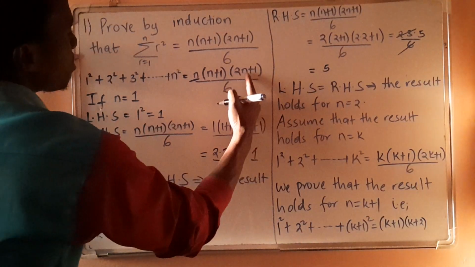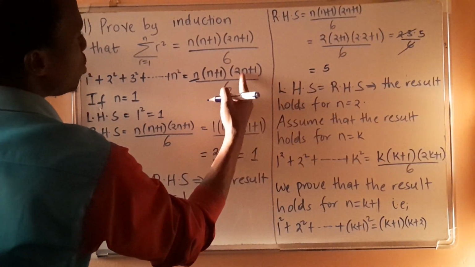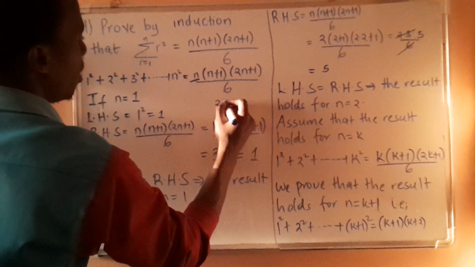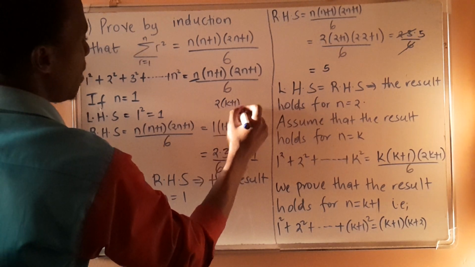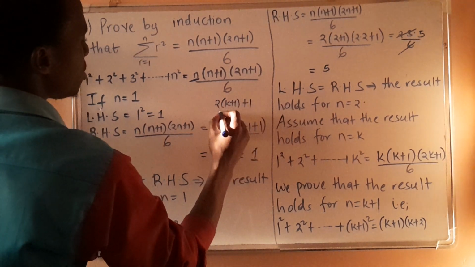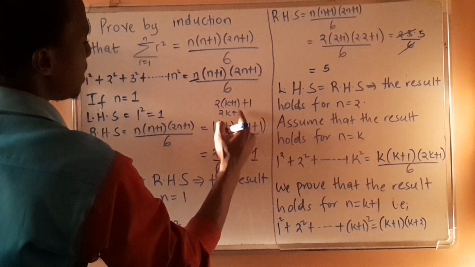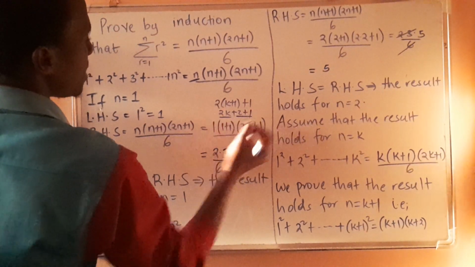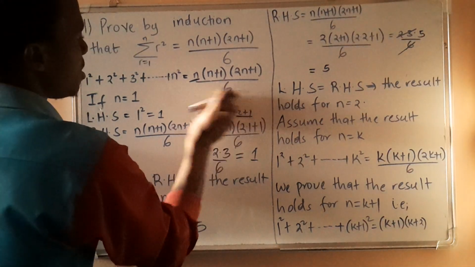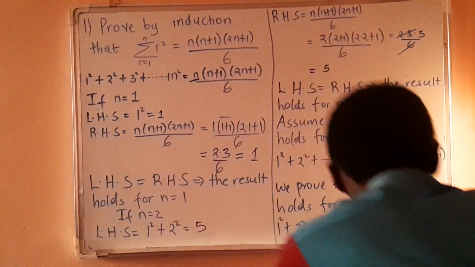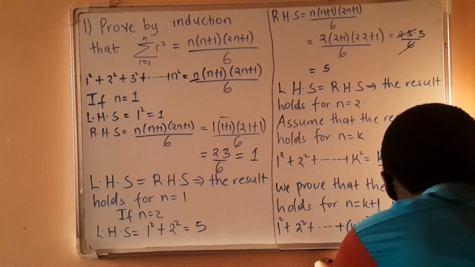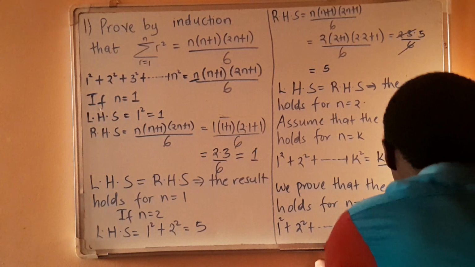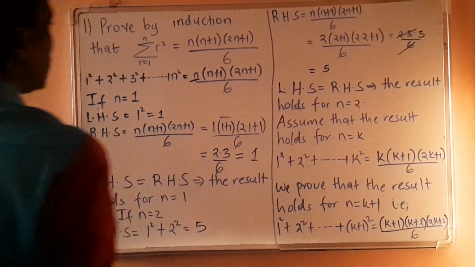Then 2 times (k plus 1) plus 1, which is 2k plus 2 plus 1, which is 2k plus 3. So here we shall have (k plus 1)(k plus 2)(2k plus 3) over 6. We prove that.